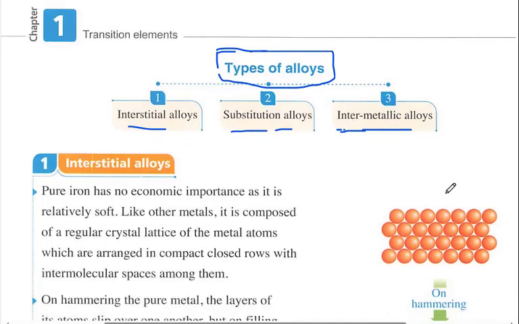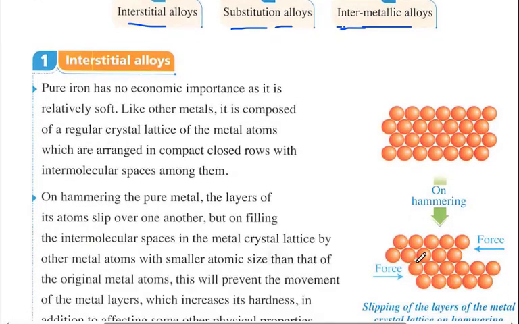Look here, iron is composed of a crystal lattice, an arrangement of atoms in compact rows. They are compressed rows upon each other. When we hammer these layers, there is slipping. Atoms go here and go there, so the ductility and malleability, meaning shaping of the metal, can be easily attained.